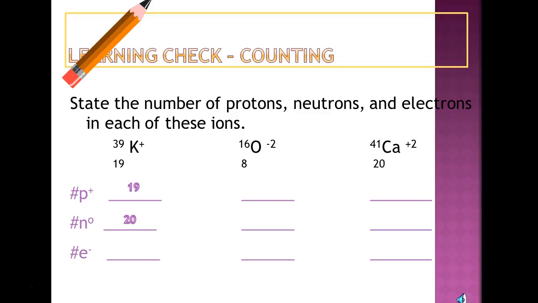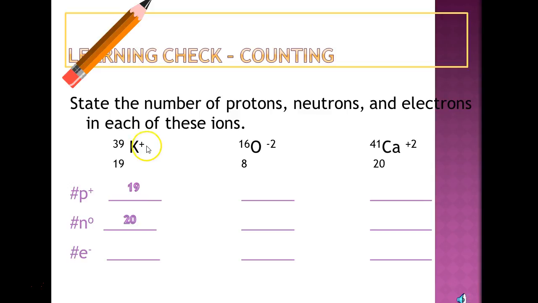Now for the electrons, we have to look at the atomic number and the ion symbol if there is one. Here we have 19 protons, and we have the ion symbol +1. A +1 charge means it has more protons than electrons because it's more positively charged.